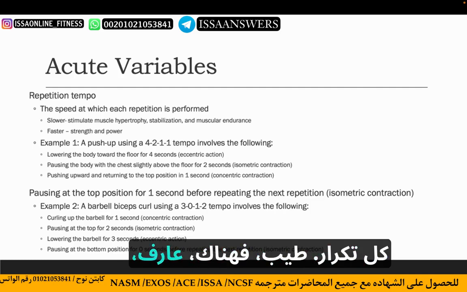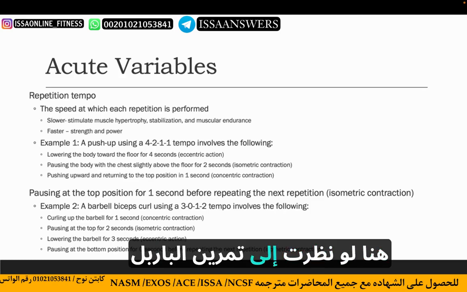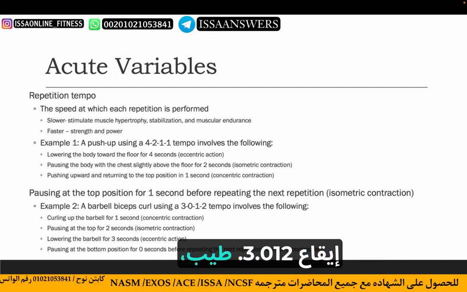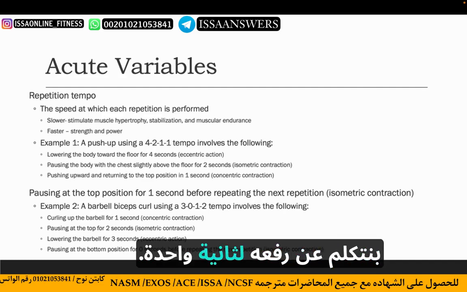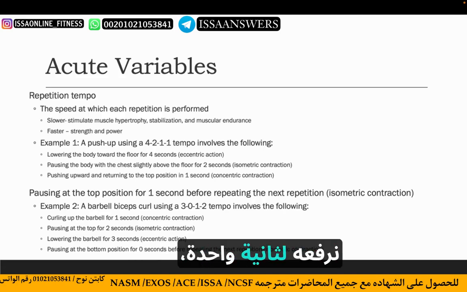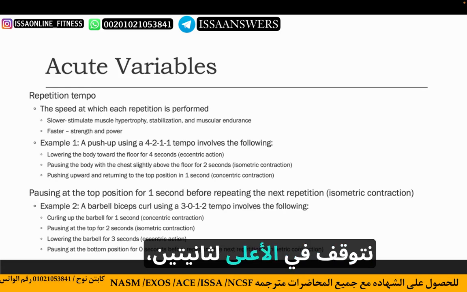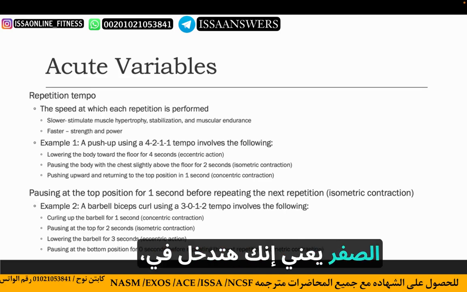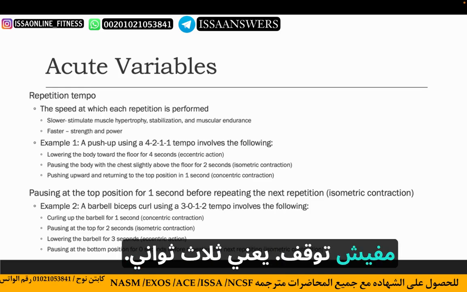All right. So there, you know, here if you looked, a barbell bicep curl using a 3-0-1-2 tempo. All right, we're talking about curling it for 1 second. So if we started from that resting position, we curl it up for 1 second, pause at the top for 2, lower it for 3, and then you saw the 0. The 0 means that there's no pause.